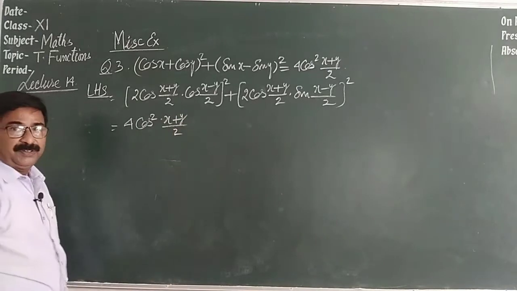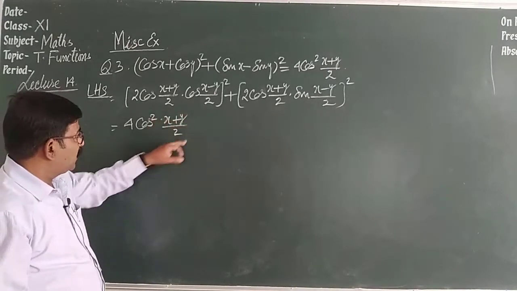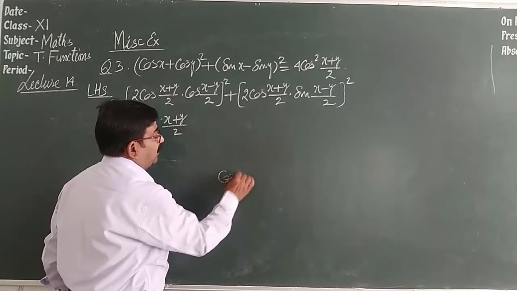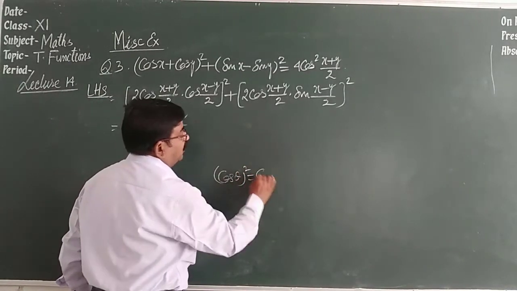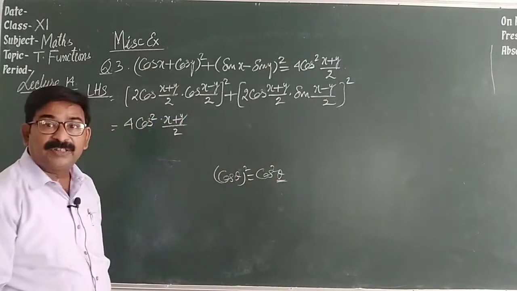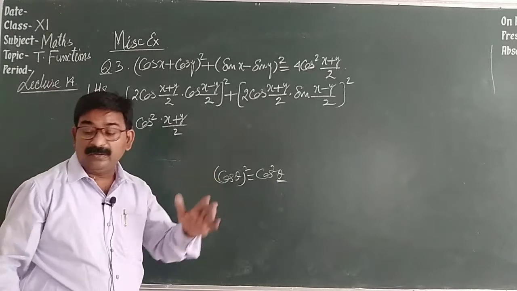4 cos square (x plus y)/2. Here is a checkpoint: never square the angle. If you are writing cos theta whole square, it is cos square theta. Square is not made on theta, square is not made in the angle.